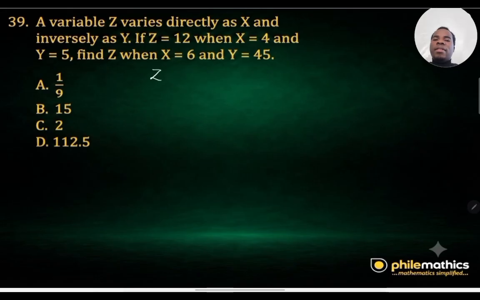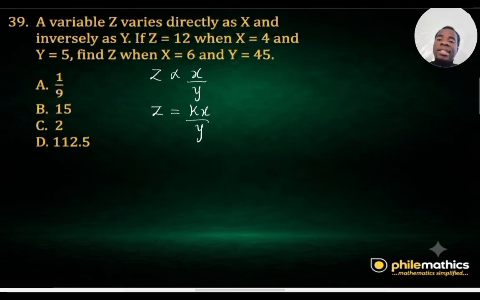Z varies directly as x and inversely as y is written as this. If we introduce the constant of proportionality, let's say k, it will change from this symbol to z equals kx over y. What we simply do is to find the value of k that connects this relationship, such that whenever we are given x and y, we can look for z.